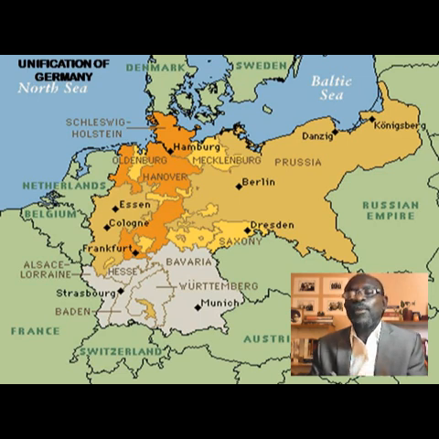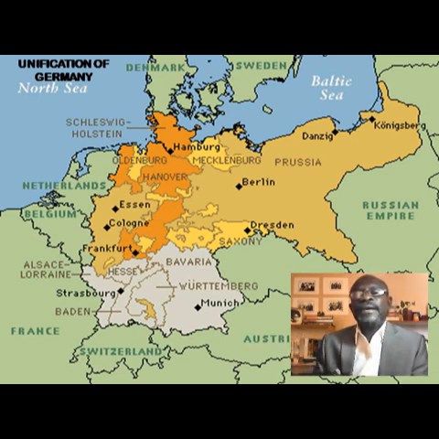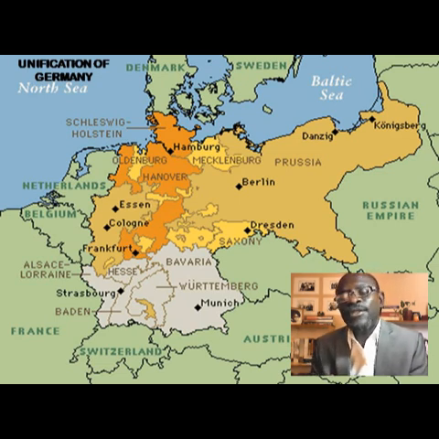So it was very important for Bismarck as a diplomat to create a situation whereby Prussia was seen in a leadership position within the Germanic sovereign. So Bismarck provoked war between Prussia and Austria, and this subsequently resulted in the Austro-Prussian War of 1866, which we discussed in the first module, and that war resulted in the defeat of the Austrians.